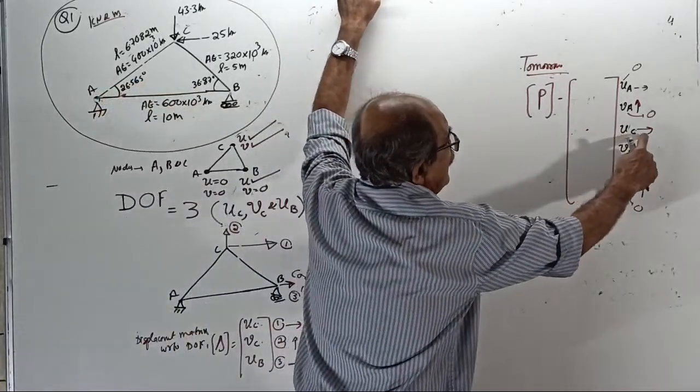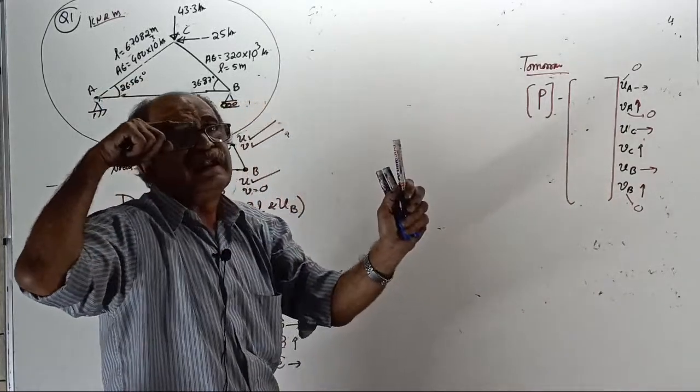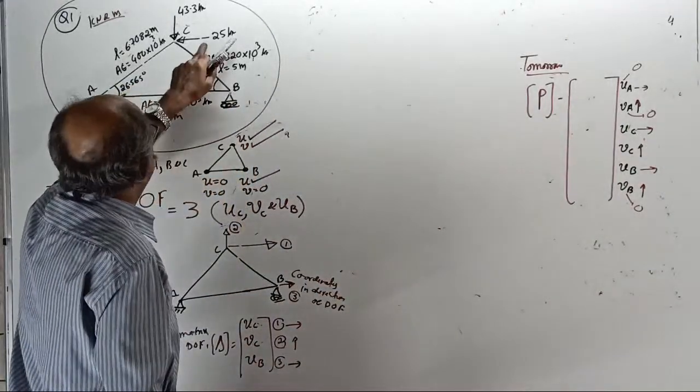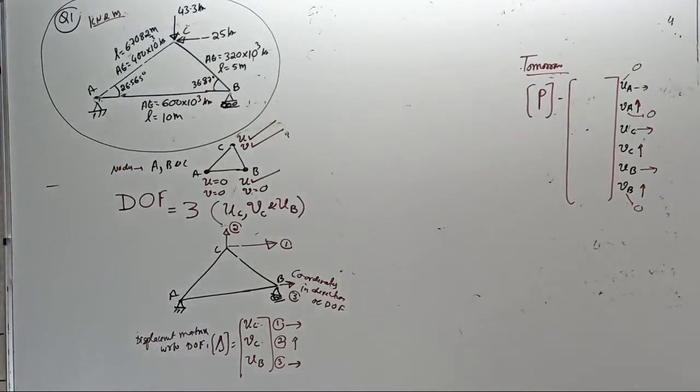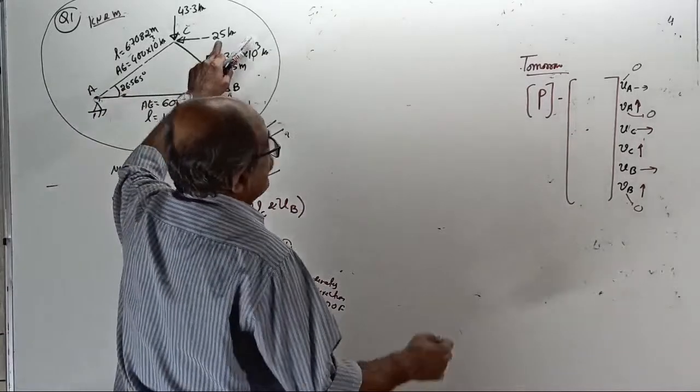Horizontal displacement at C, corresponding right side force. I am removing the sketch now. When I enter the force matrix for UC, UC is right side. Remember, in FEM, every U is right side. Tell me, I will enter minus 25 there.